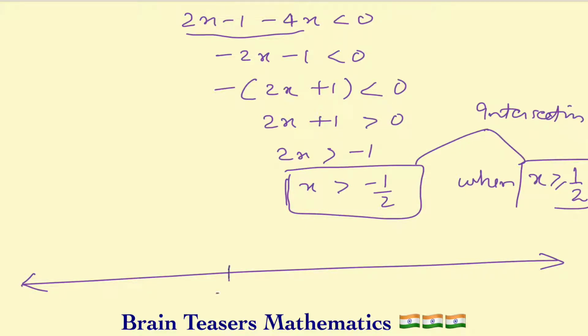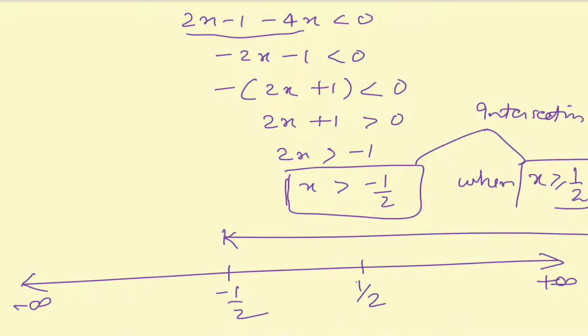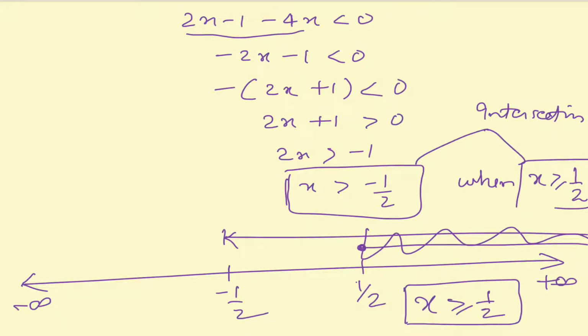Minus 1 by 2 will come here and plus 1 by 2 afterwards, with minus infinity on the left and plus infinity on the right. x greater than minus 1 by 2 is this region, and x greater than or equal to 1 by 2 includes this point. The common region is x greater than or equal to 1 by 2, which will be the answer in the first case. Now we are going to move on to the second case.